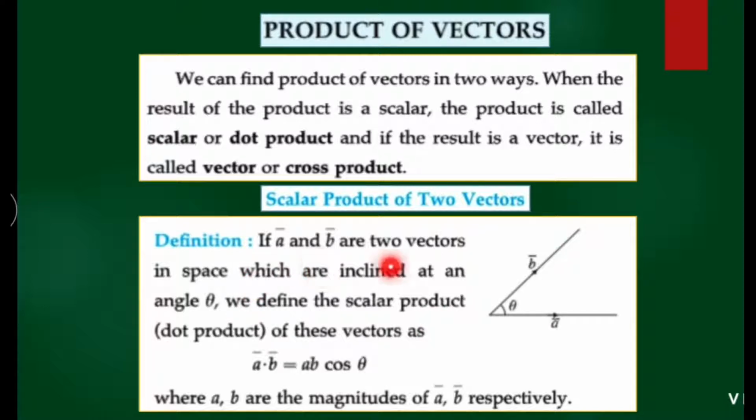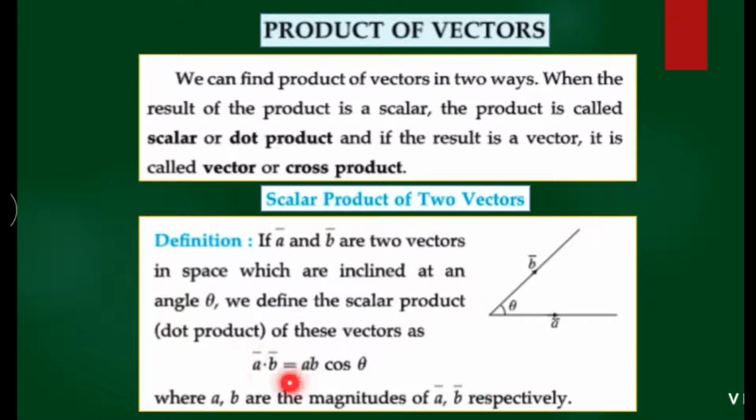If A bar and B bar are two vectors in space, that means we consider here a three-dimensional system, which are inclined at an angle theta, we define the scalar product or dot product of these vectors as vector A dot vector B equals magnitude of vector A into magnitude of vector B into cos theta, where A and B are the magnitudes of vector A and B respectively.